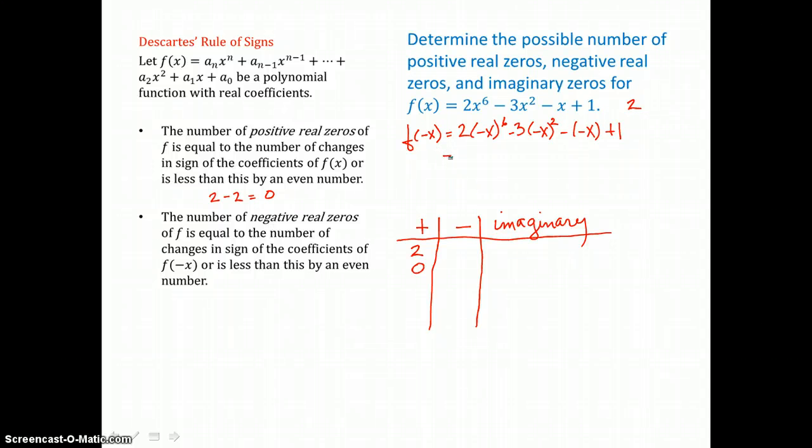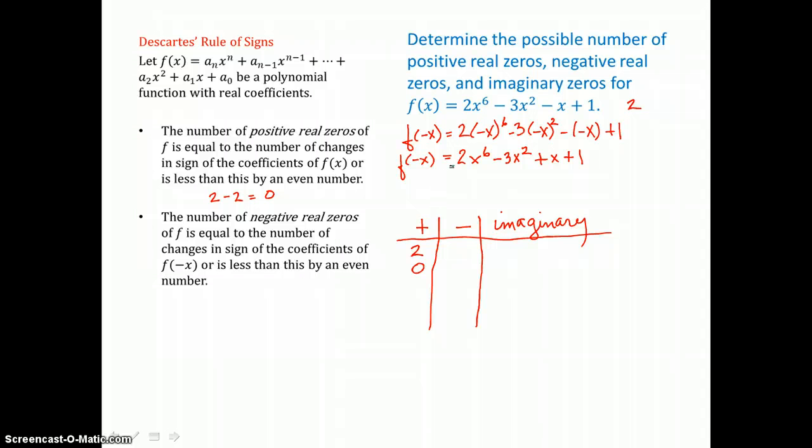Okay, and when I simplify, f of negative x is going to have a positive first term because I have an even number of negative factors, so that's going to stay 2x to the 6th. Second term, I have an even number of negative x's, so that's going to be positive x squared multiplied to negative 3, so that's going to stay a negative 3x squared also. But this third term is minus x, so that's going to be positive x and positive 1.